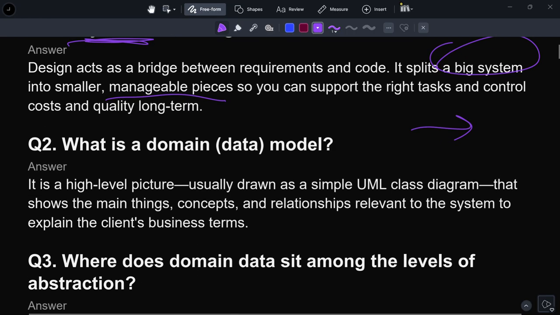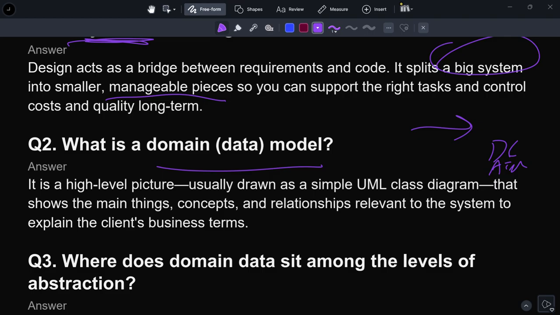Now, what happens is that we have a domain data model. In a domain data model, what we understand is that we have a customer, we have a bank account, we have, let's look at things, the classes. And we know that the classes are, for example, customer, bank, account, debit card, and ATM transaction. These are real world objects or concepts in business.